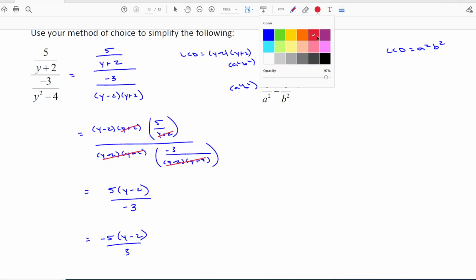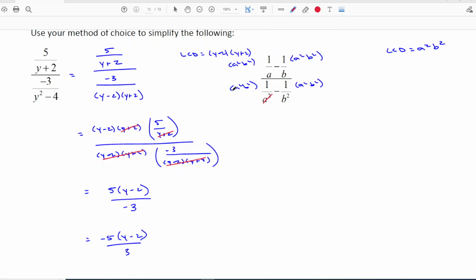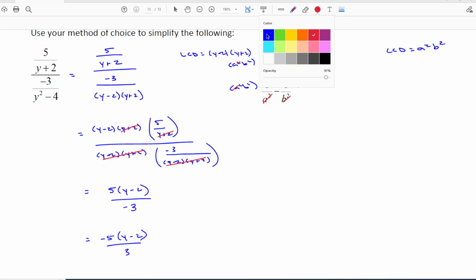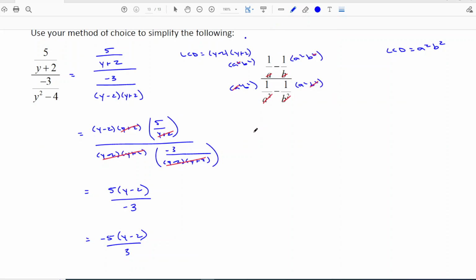And then I simplify. And then be very careful. Some people won't do all the simplifications. Sometimes they'll just do one at a time and then simplify that part. So what am I left with? I'm left with ab squared minus a squared b all over b squared minus a squared.